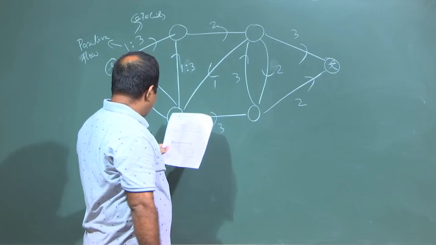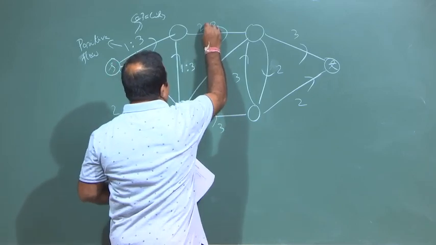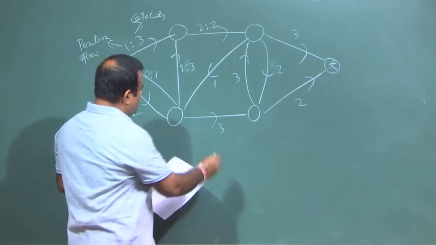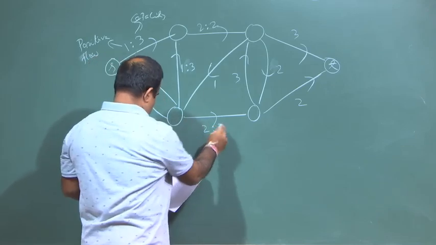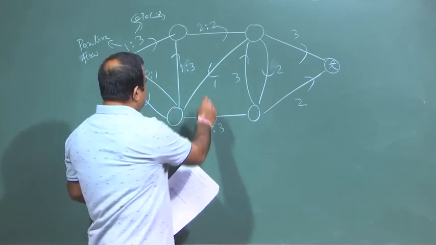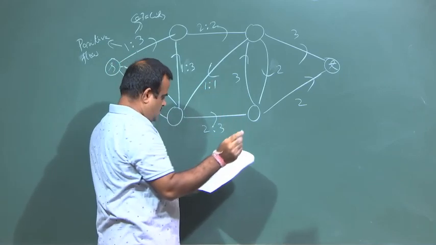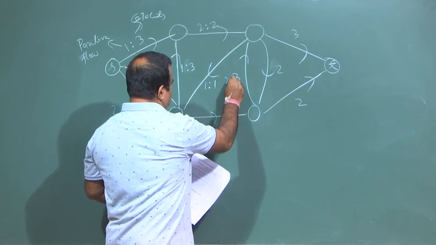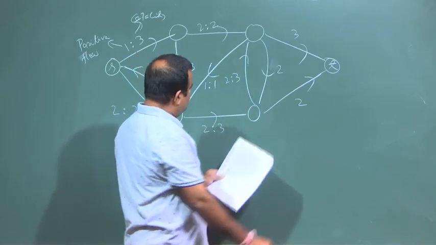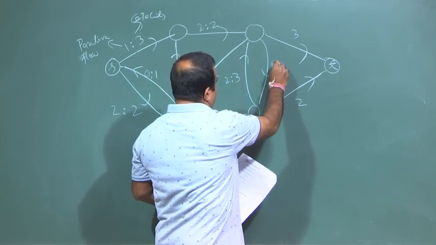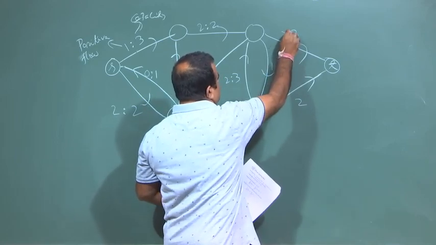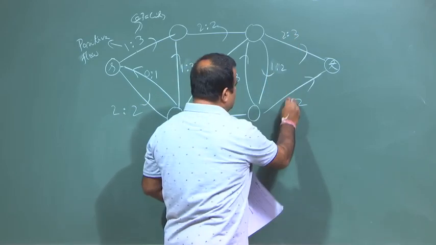Okay, now let us give some flow on the other edges. So, this is say 2, this is say 1, this is say also 2, this is say 1, and this is 2 and this is 1.